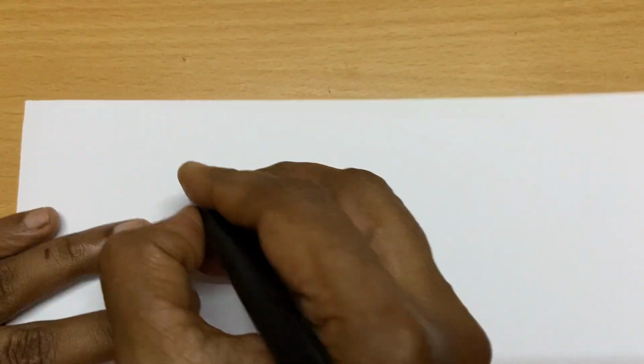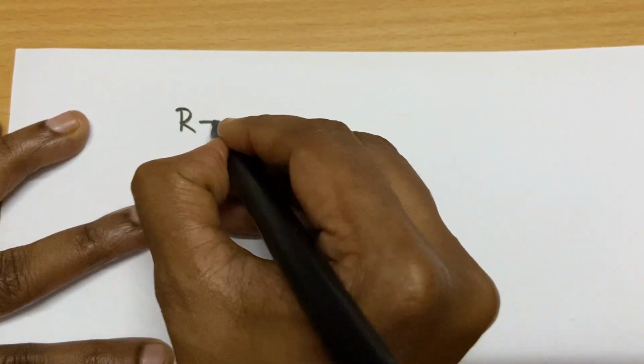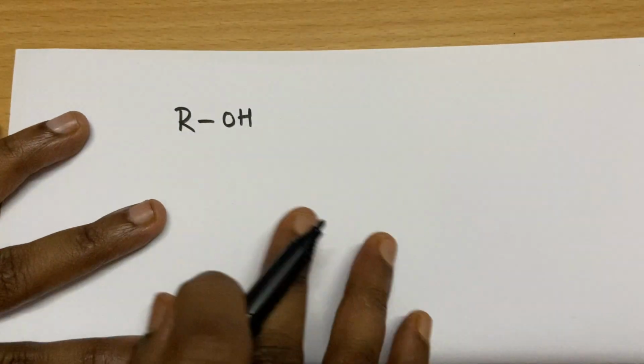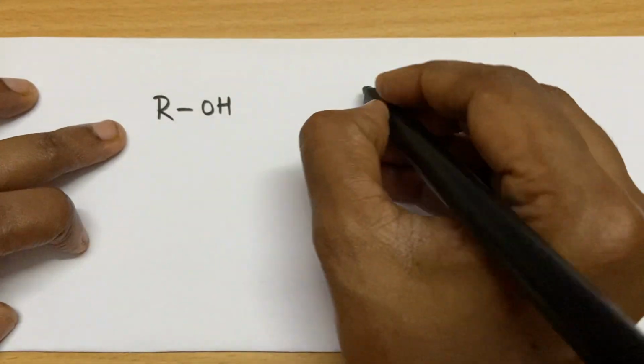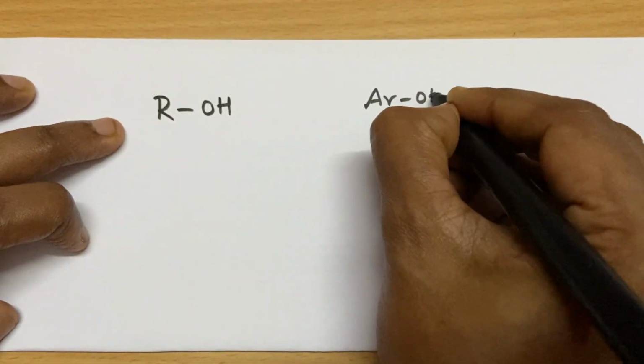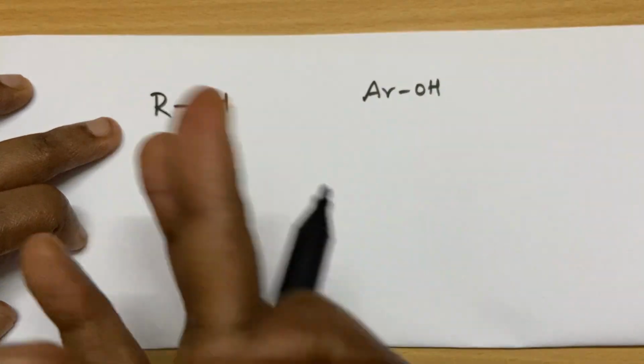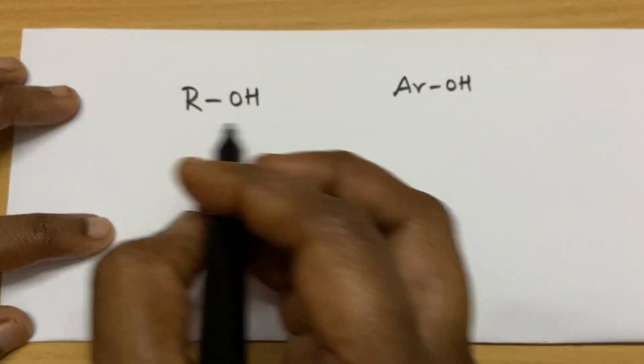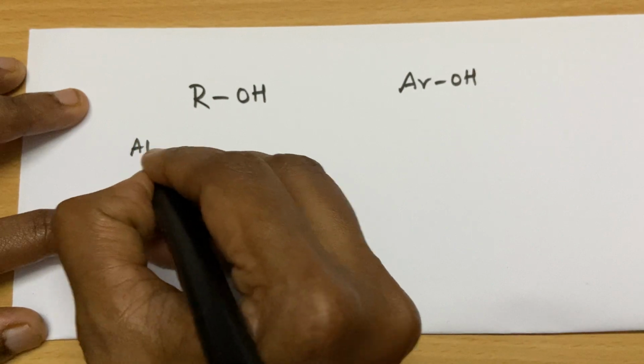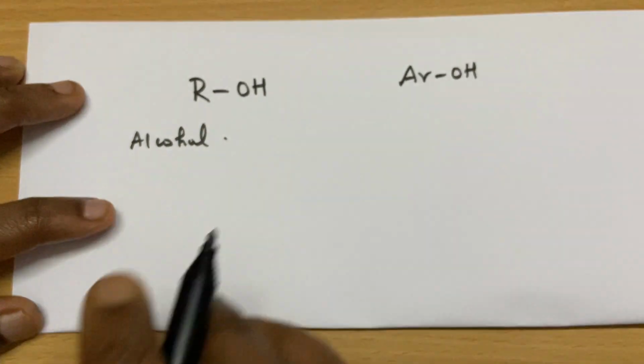First of all, what is alcohol and what is phenol? When the hydroxyl group is attached to an aliphatic alkyl group, we call it an alcohol, and when it is attached to an aromatic group, we call it a phenol. Here in alcohols I'm going to write a set of examples.